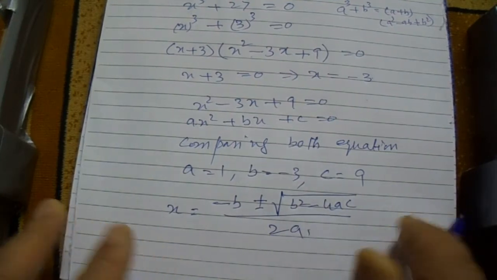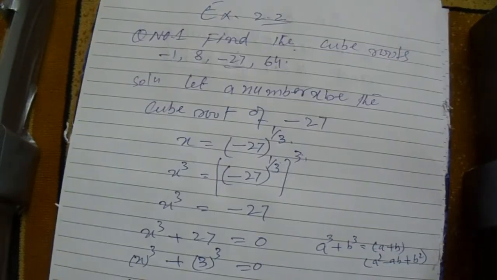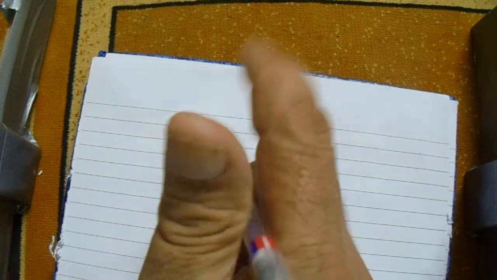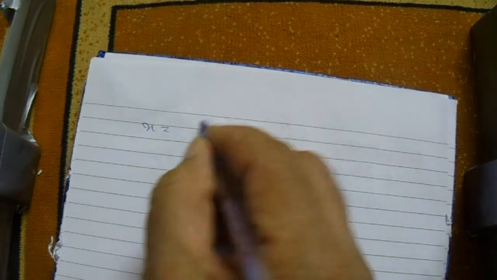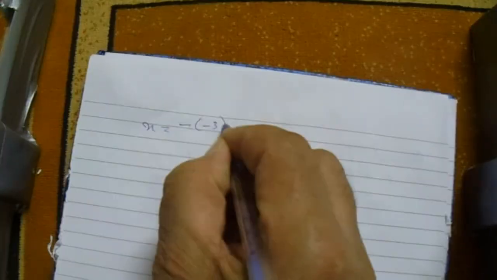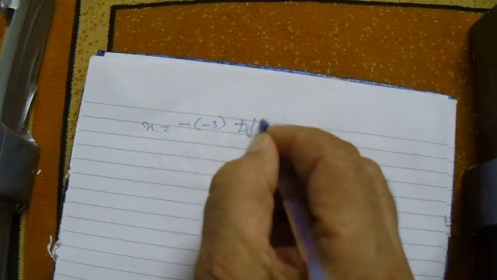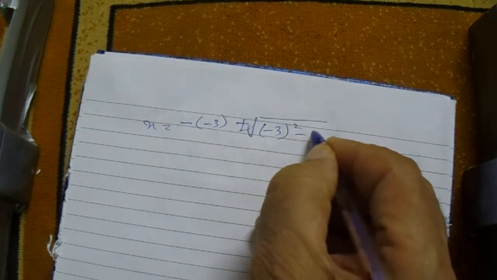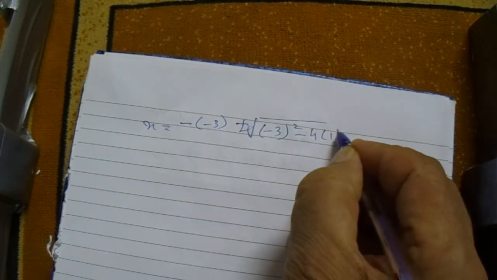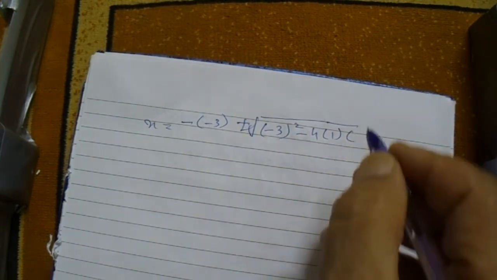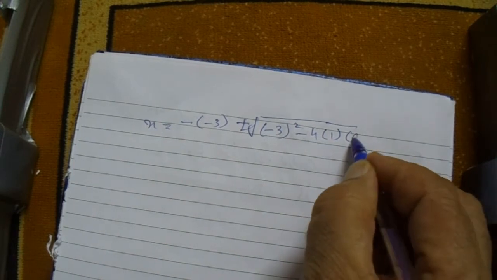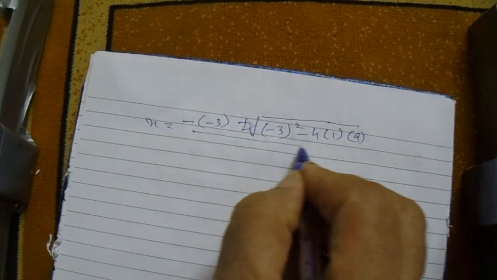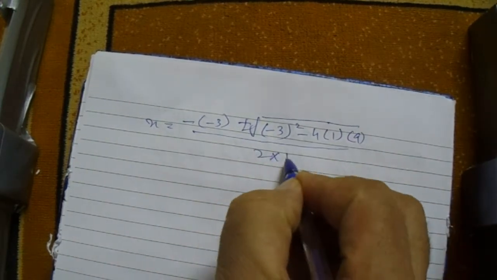Now this is our formula, and we put the values in this and we get the answer. x is equal to minus (-3), this is b, plus minus under root (-3) square minus 4 into a, 1, into c, which is 9, over 2a, 2 multiplied by 1.